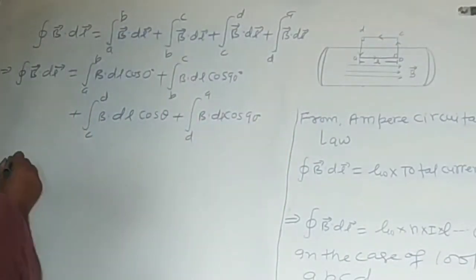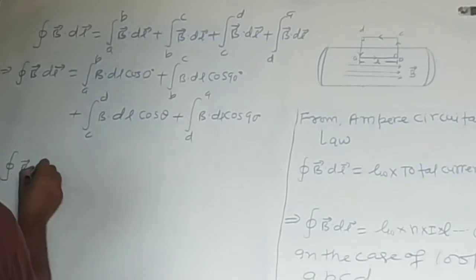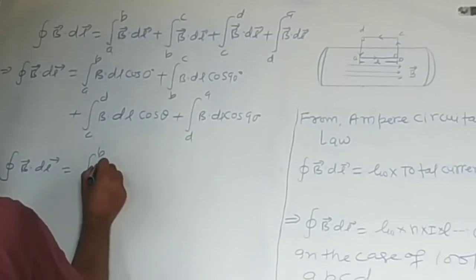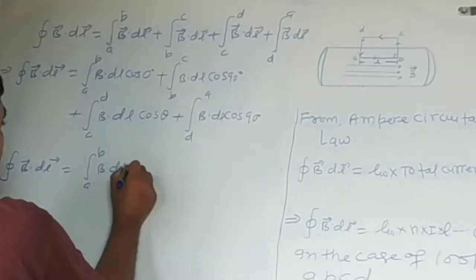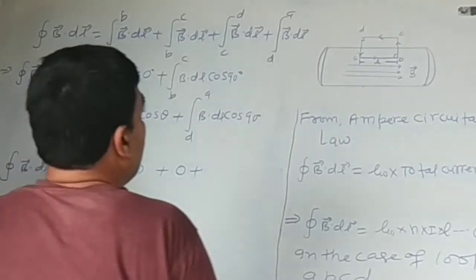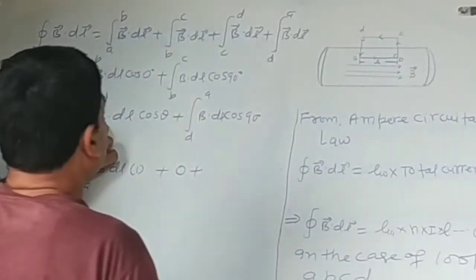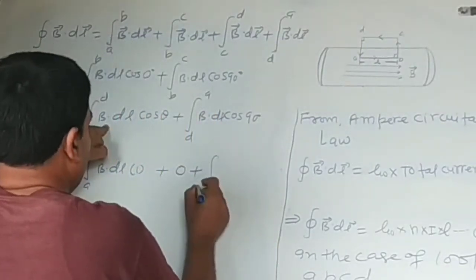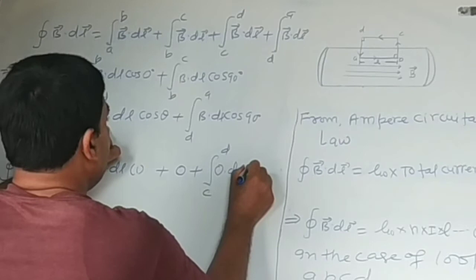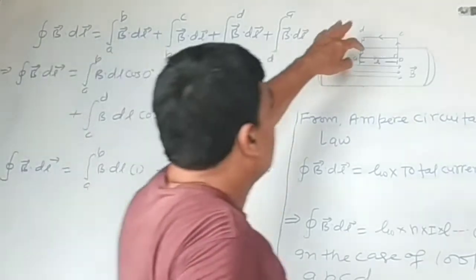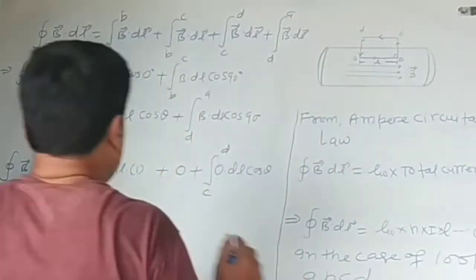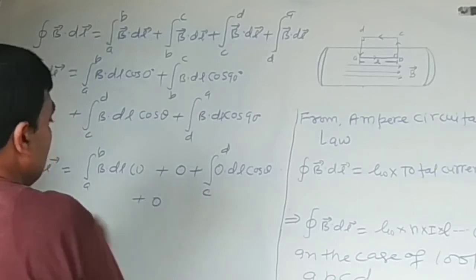That implies the integral of B dot dl is equal to the integral from A to B of B dl times 1, plus 0, plus the integral from C to D of 0 into dl cos theta, because outside the solenoid the magnetic field is 0, plus 0.